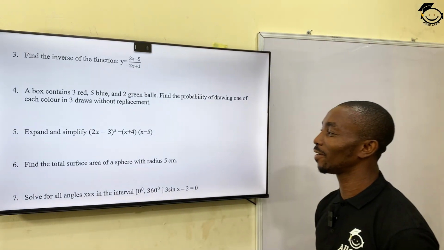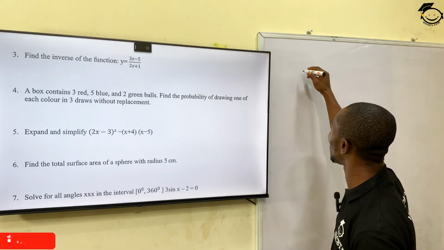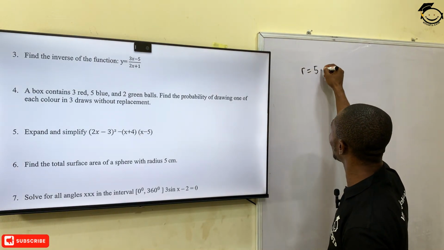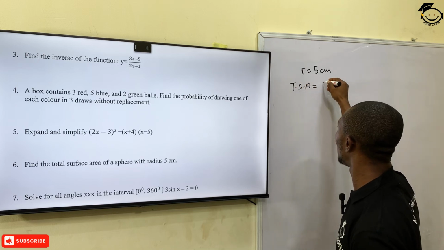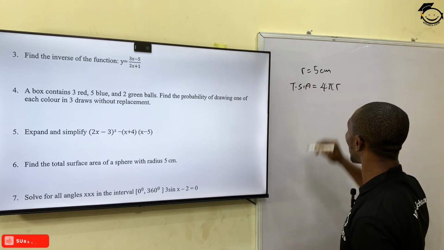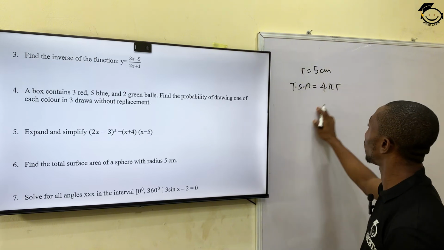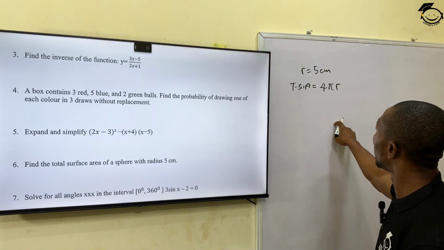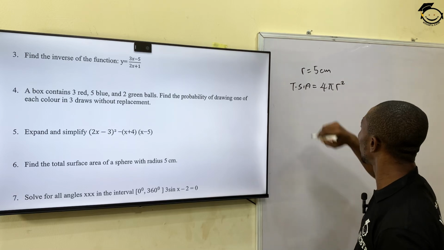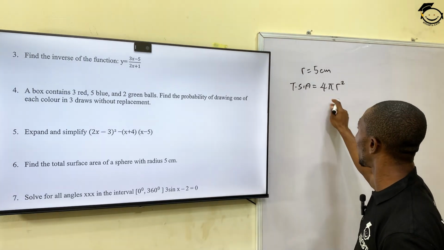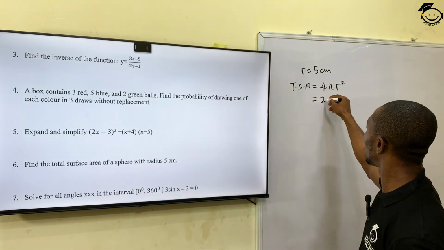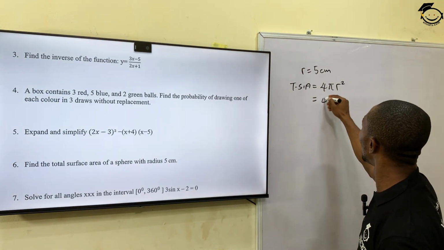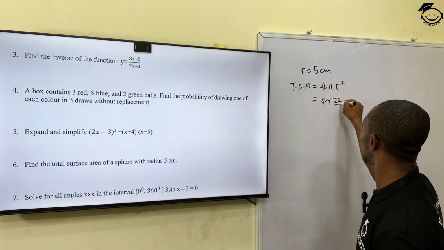Find the total surface area of a sphere with radius 5 cm. We are given our radius to be 5 cm, and we know that the TSA, total surface area of a sphere, is 4 pi r squared.